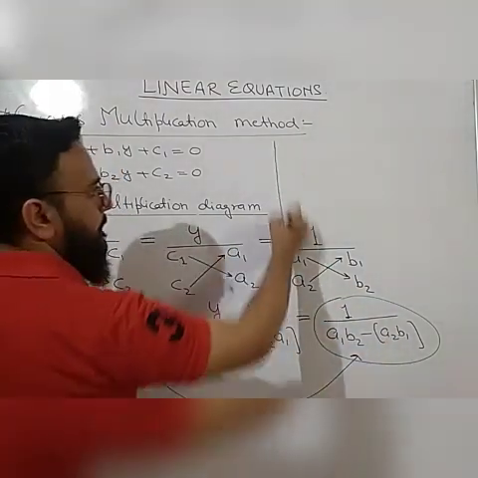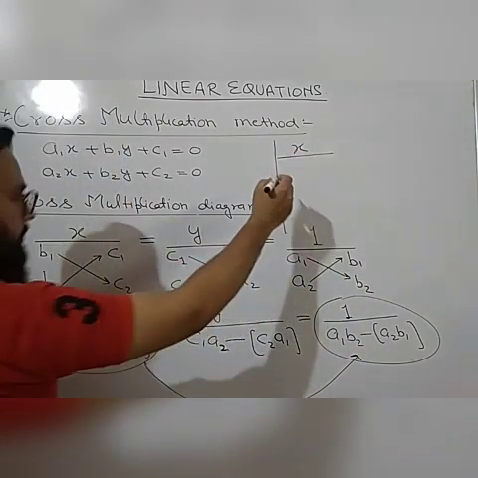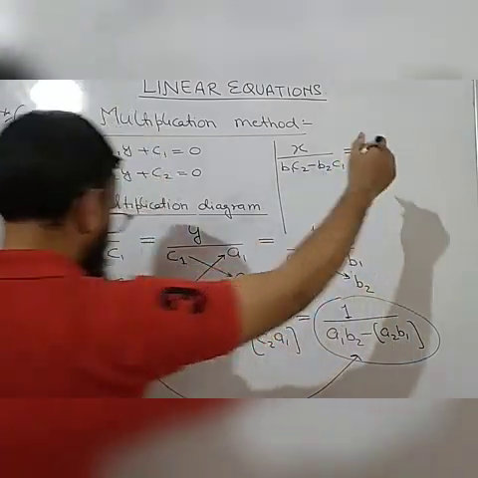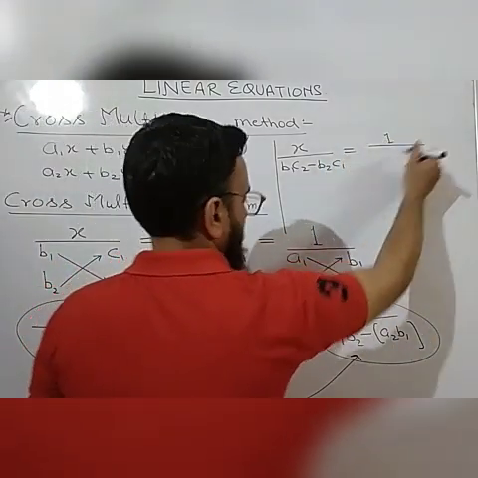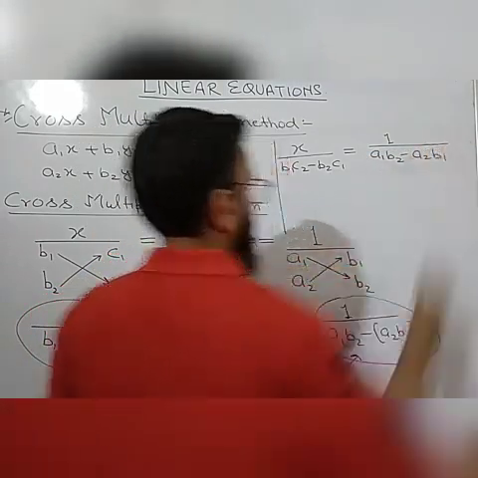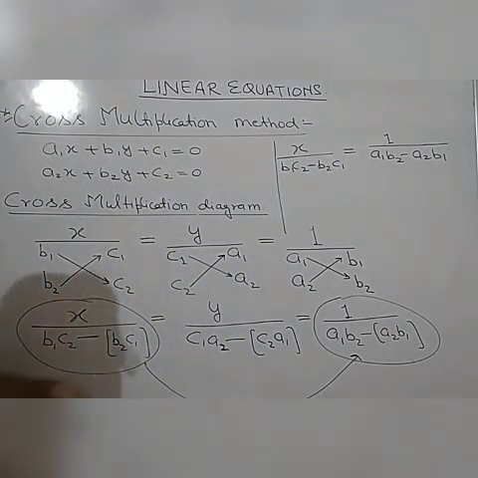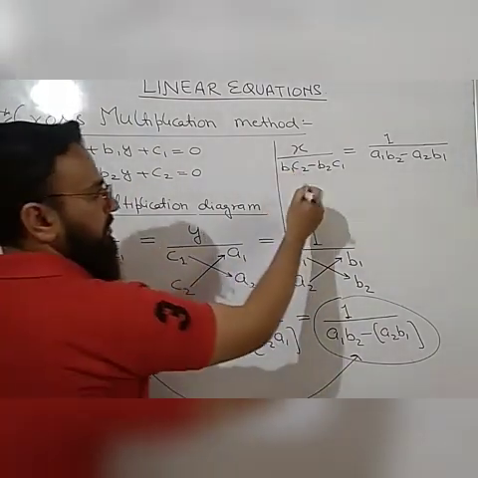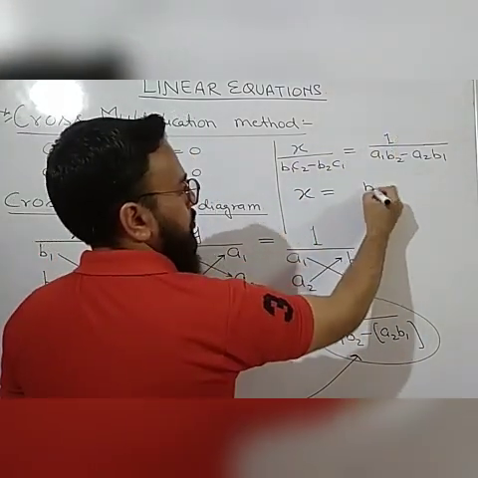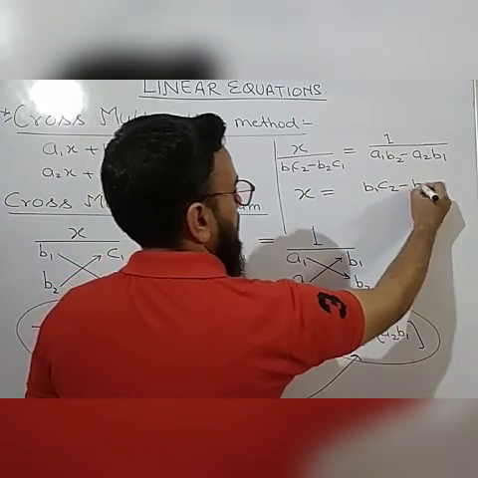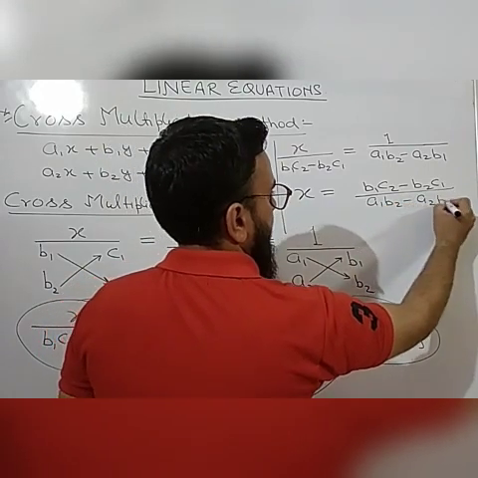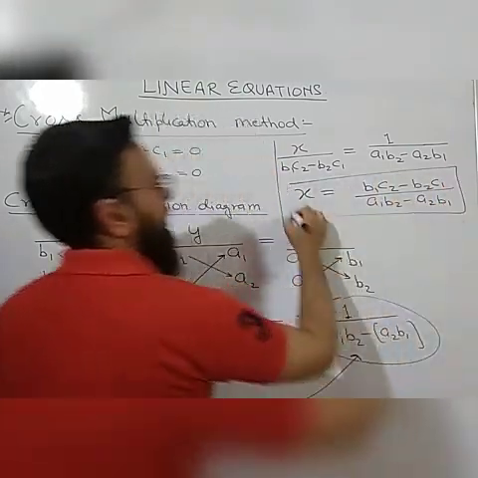We get x upon b1 c2 minus b2 c1 is equal to 1 upon a1 b2 minus a2 b1. From there we can get the value of x. x will be equal to this term multiplied by 1, so we get b1 c2 minus b2 c1 upon a1 b2 minus a2 b1. In this way we get the value of x.